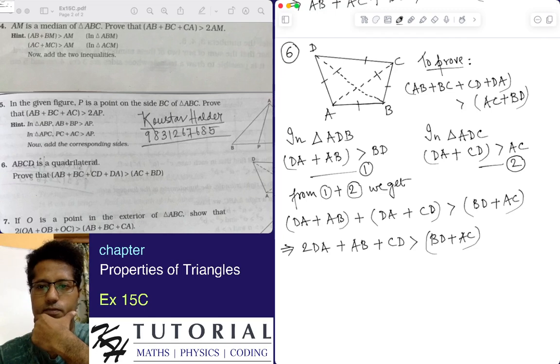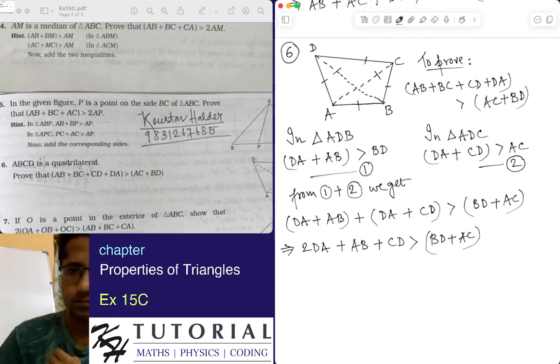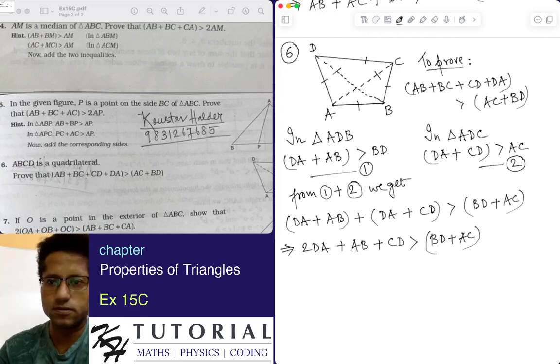We have to engage the side BC. In triangle ADB we got this. I guess we have to consider more triangles. Let's see.